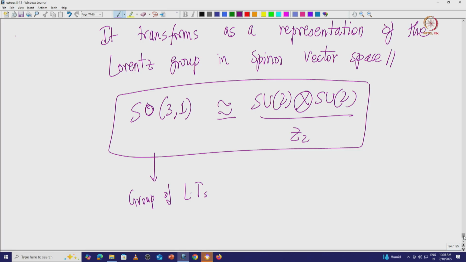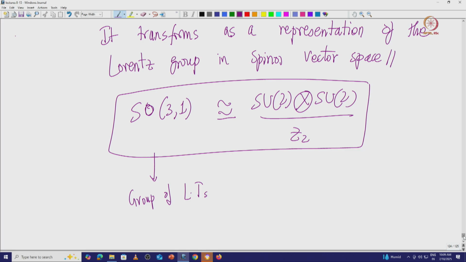So they are two component spinors. The direct product of two component spinors would end up being a 4 component spinor. So you end up having a representation of the SU(2) doublet times SU(2) doublet. Okay, a representation of the product group of SU(2) should be a representation of the Lorentz group.